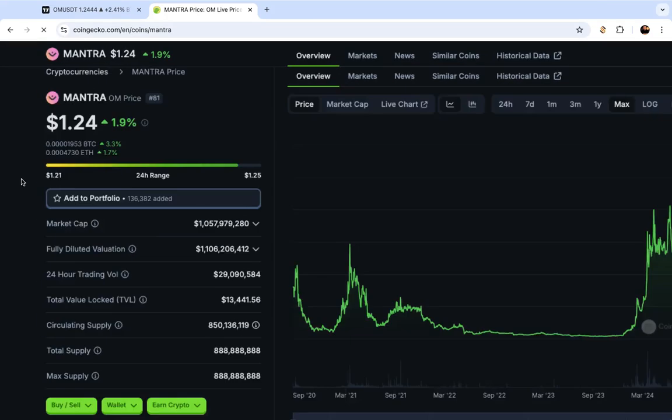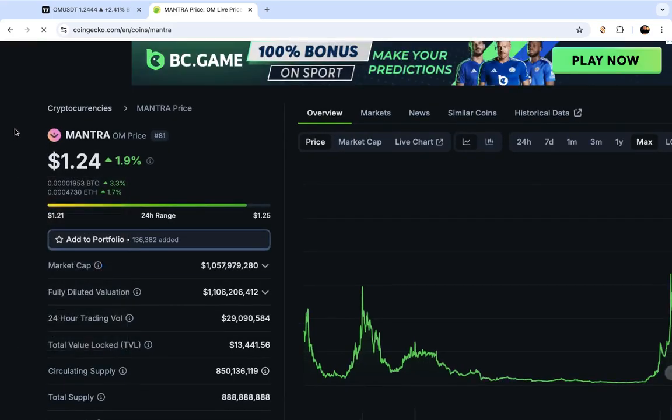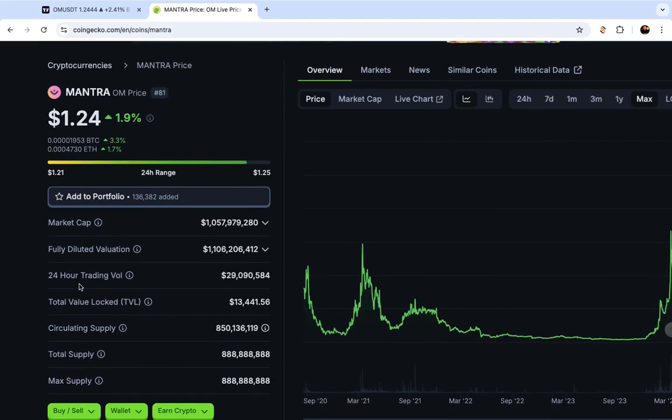Now, let me explain something before we dive deep into the technical analysis, because I want to share with you the fully diluted valuation versus the market cap. This is a very interesting aspect that a lot of people tend to omit, due to the fact that there's a huge discrepancy between the fully diluted valuation, which is all the money that is stored in smart contracts on other platforms, etc., and the market cap.